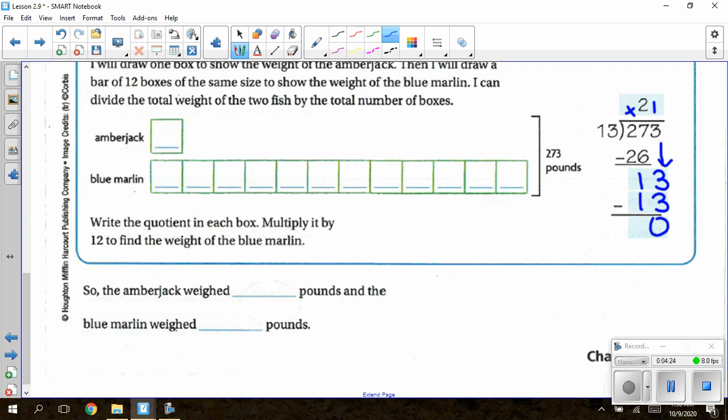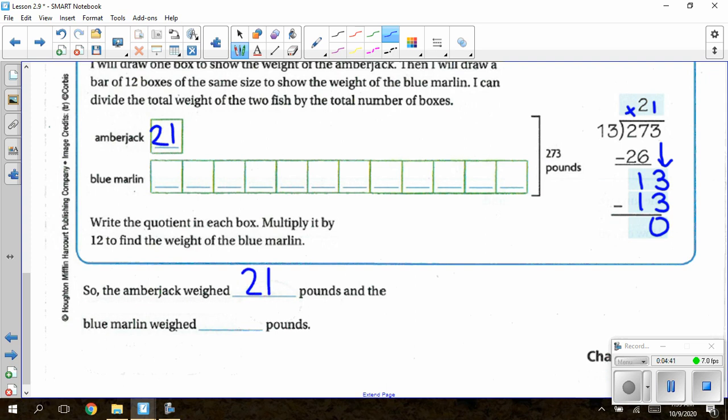So now that I found that one box would equal 21 pounds, I am going to represent the 21 pounds in every single box. So because the amberjack has only one box, that does tell me that the amberjack was 21 pounds.